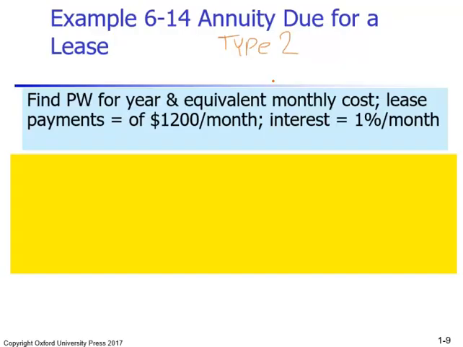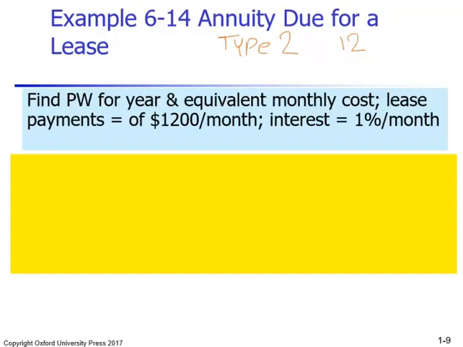Equivalent monthly cost. So it means that we are going to have 12 payments. They are lease payments and they are $1,200 per month. And interest is 1% per month. So if I ask you, what is the nominal interest rate?